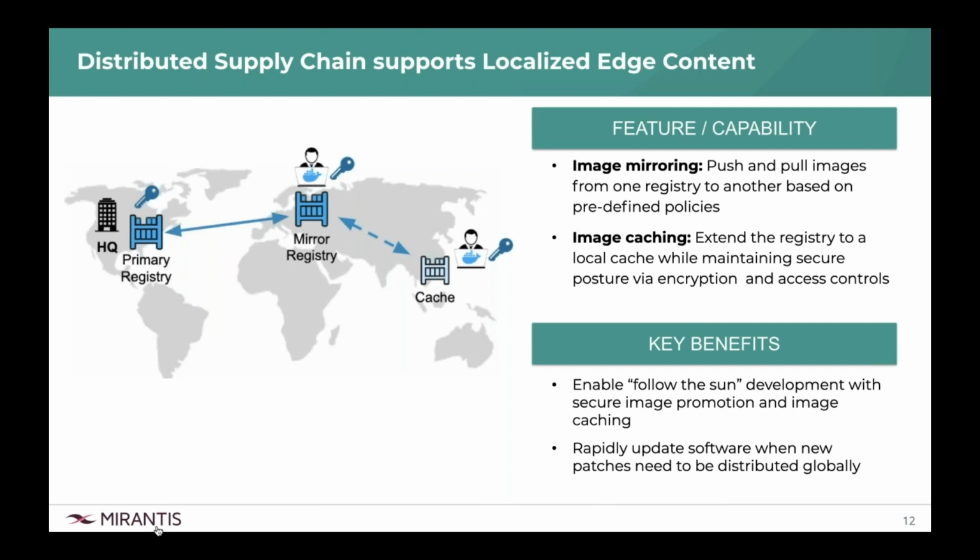So from your central cloud down to your regional cloud. And these can be used at the edge to receive images when the network is available. So maybe you predefine at which point images get pushed from a primary registry to a mirror registry. And they can help with dealing with intermittent networks.